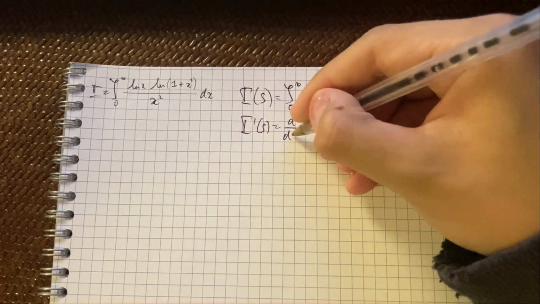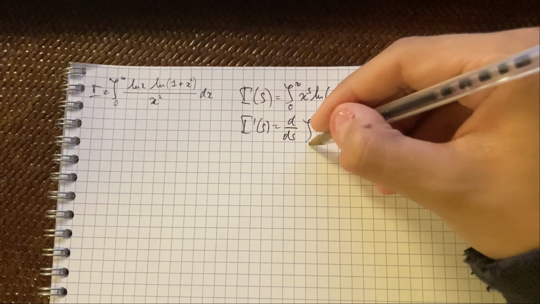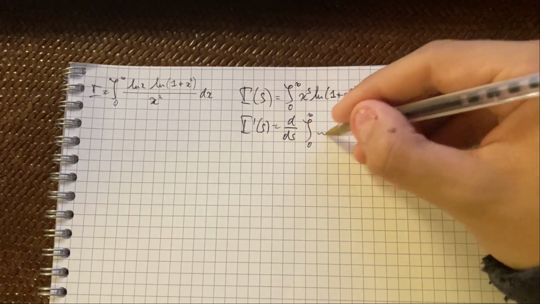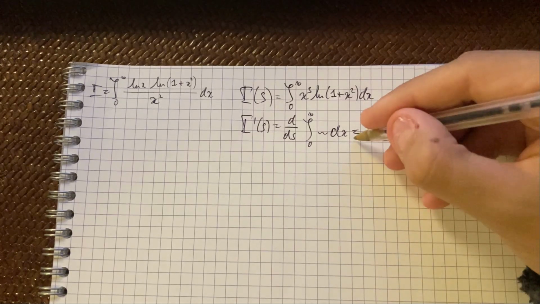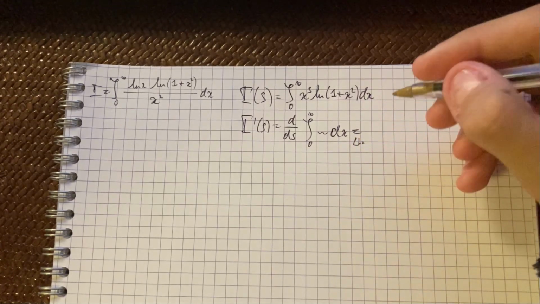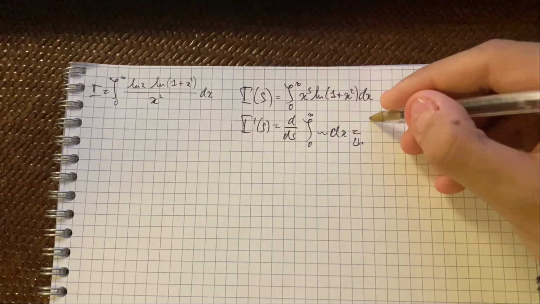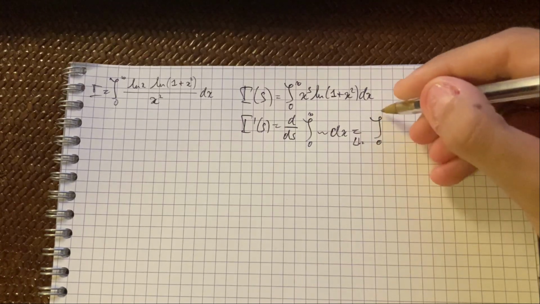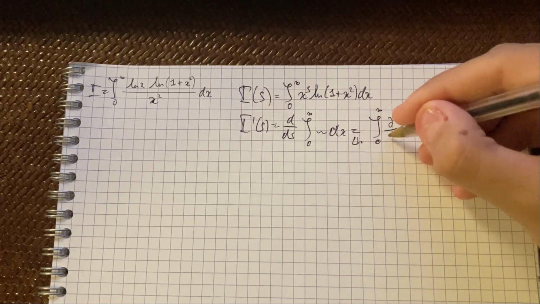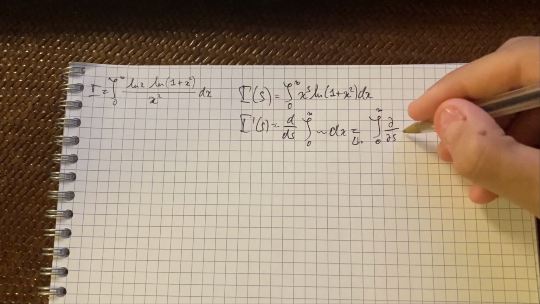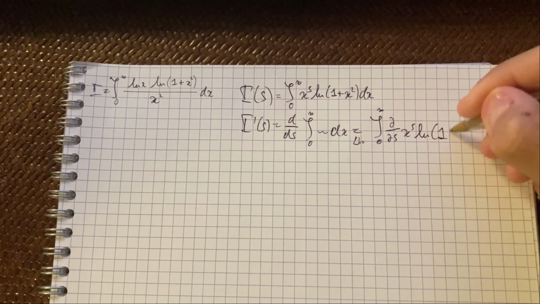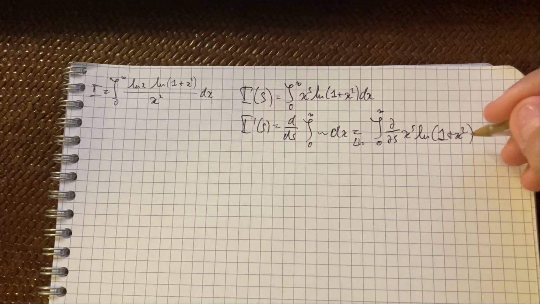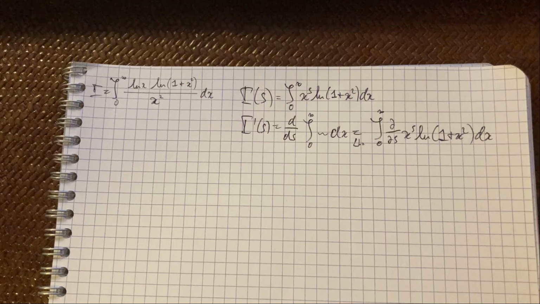I prime of s equals d by ds of the integral here from 0 to infinity of dx, which equals, according to Leibniz rule, the integral from 0 to infinity of del by del s of x to the s power log(1 plus x squared) dx.